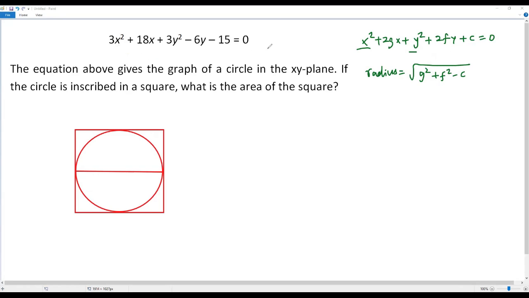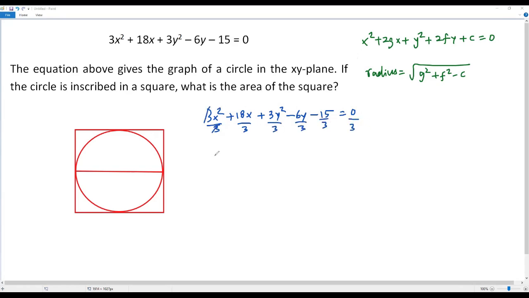Now let me take this equation as it is: 3x² + 18x + 3y² - 6y - 15 = 0. To get x² and y², we have to get rid of the coefficients 3. Let me divide each term by 3, and on the right side, 0 also has to be divided by 3.